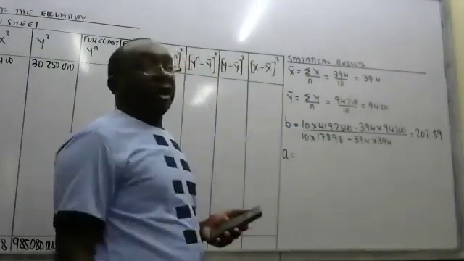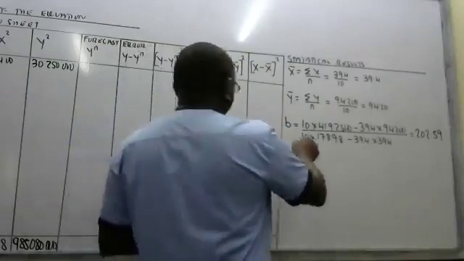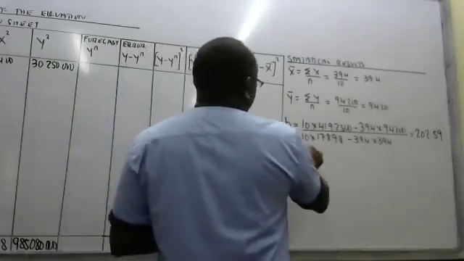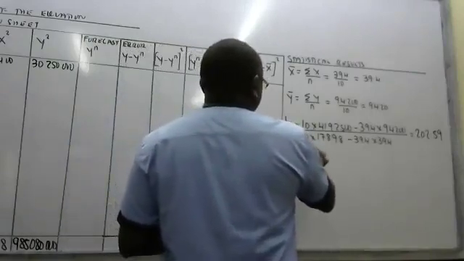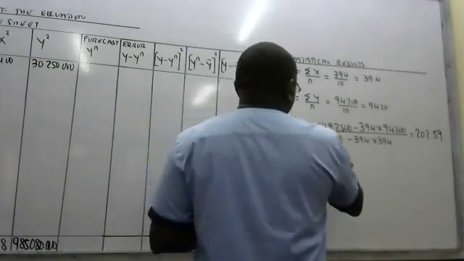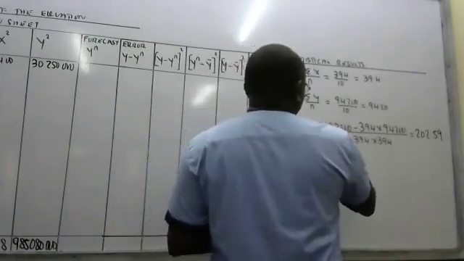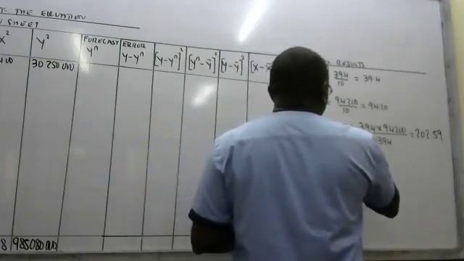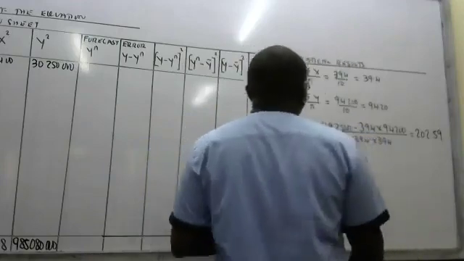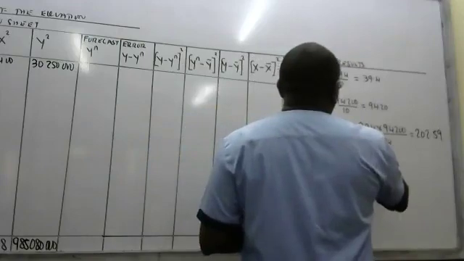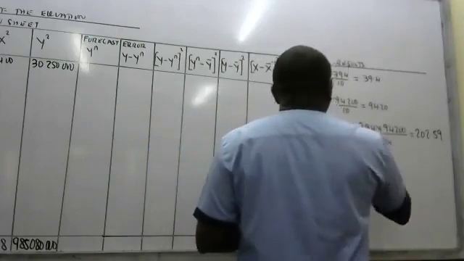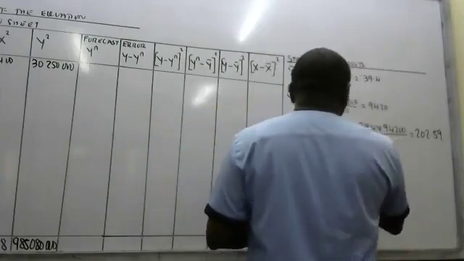Now find A. A is given as sum of y, which is 94,200, minus B, 202.59, multiplied by sum of x, which is 394. This one you divide by 10.